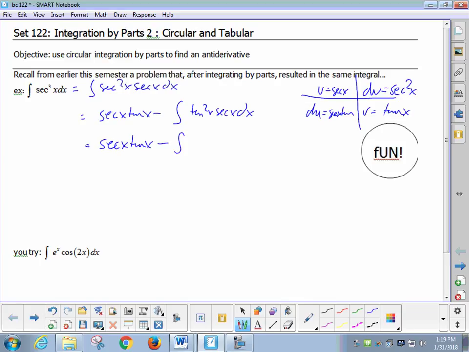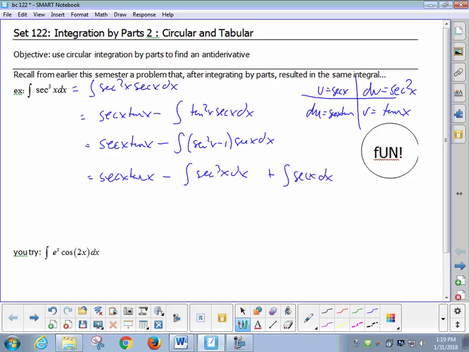Tangent squared is equal to secant squared minus 1. Now that's wonderful because that brings back secant cubed in addition to a positive secant to the first. Are you with me?